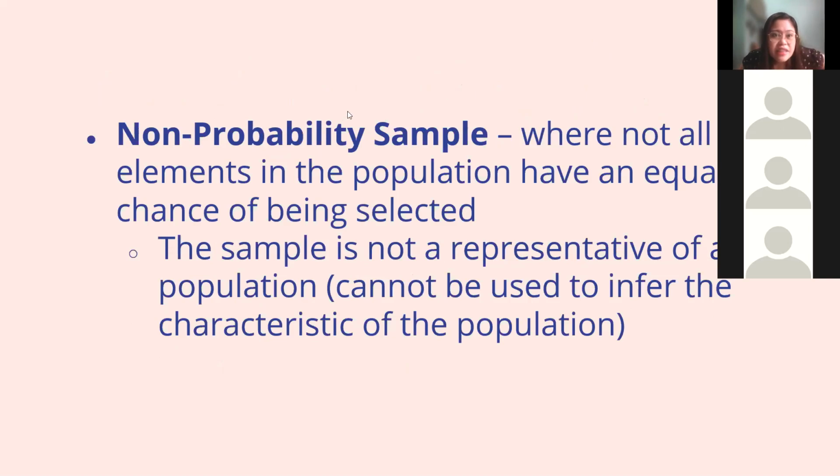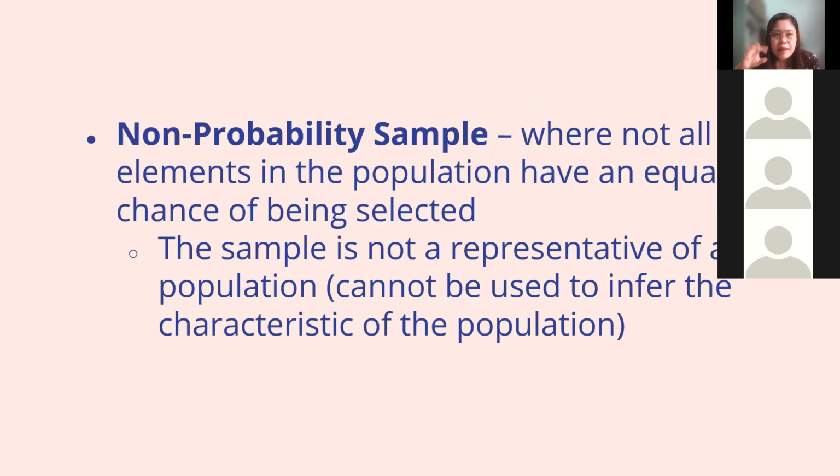Now, the second one is the non-probability sample or non-probability sampling. So, kabaliktaran lang siya sa probability sampling wherein not all elements in the population have equal chance na ma-select sa atong study. Okay?